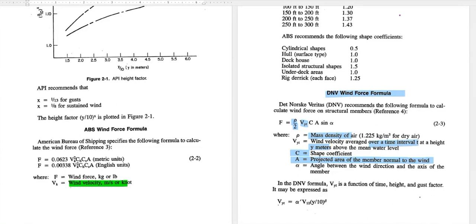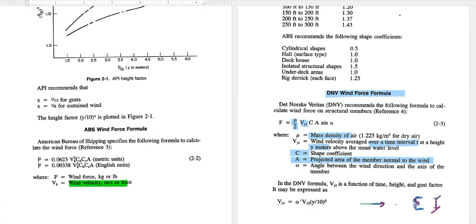So that means, suppose we have a shape like this, and this is the wind direction, the projected area will be this portion, height-wise. Suppose the angle is 0, the angle between the wind direction and the axis of the member.